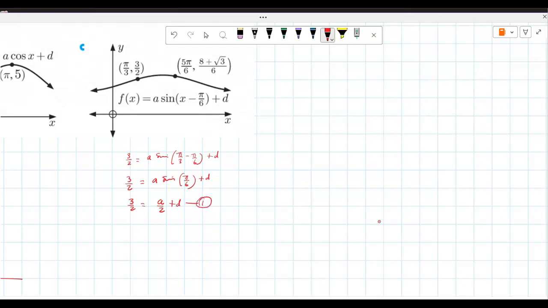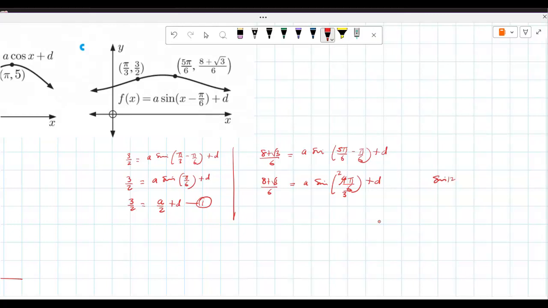The next equation is when you substitute your 8 plus root 3 over 6 is equal to A sine of 5 pi by 6 minus pi by 6, plus D. So A sine 4 pi by 6, which is 2 pi by 3. 2 pi by 3 is 120 degrees.